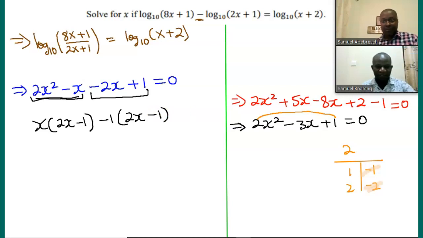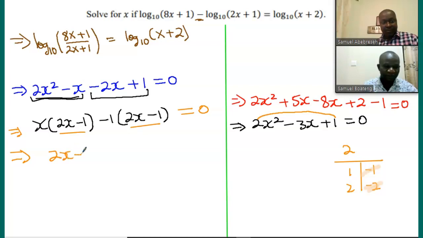You should get the same thing there, equal to 0. So bracket 2x minus 1, and then x minus 1 equal to 0.